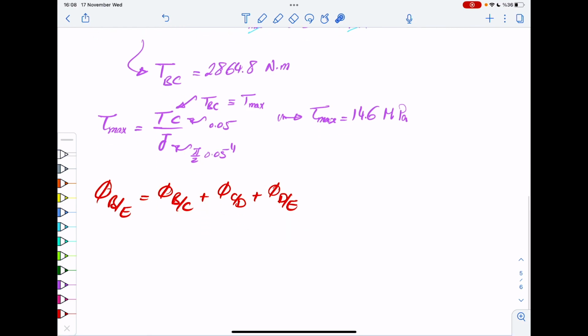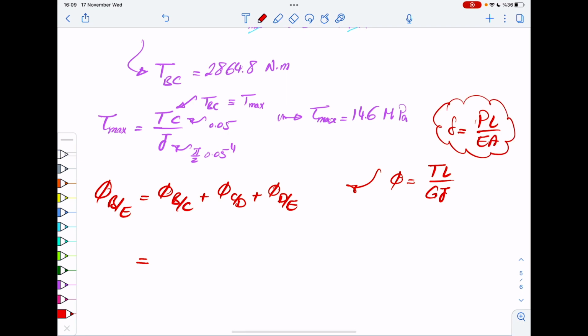Now, for each of these, you can use our formula. Remember the magic formula for angle of twist is phi equals TL over GJ, which, if you remember, is the equivalent of the formula we had for axial loading, delta equals PL over EA. So we use that formula, so it would be TBC times LBC divided by GBC JBC.